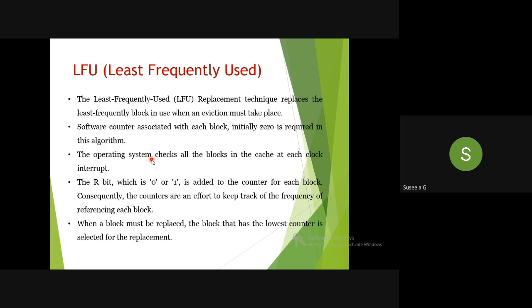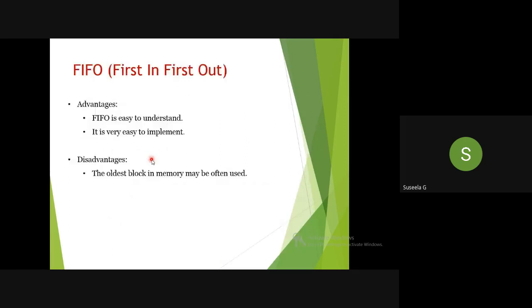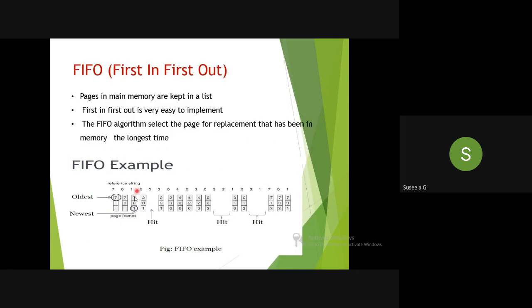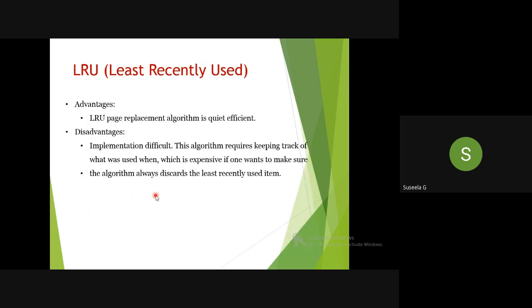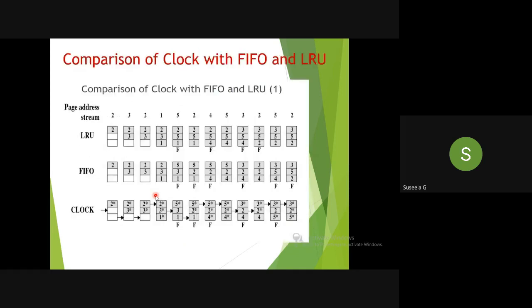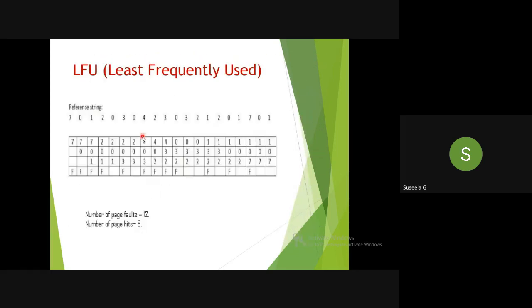See, for FIFO, the same order, first in, first out, no matter whether it is newer or older. Whereas with LRU, least recently used, you have to worry about the past, that is, past references you need to understand. You need to mention how old they are. And whereas with the other one, what you have to worry about is how long it will take in the future, how old they are in the future.